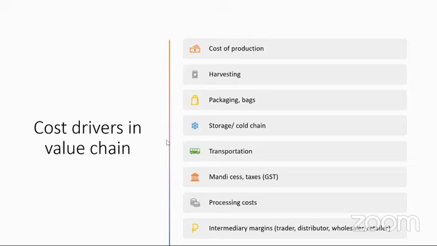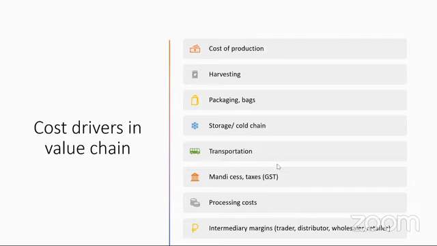If you look at this, there are multiple costs involved. For example, for oil seed, there is 5% GST involved. If you look at mandis, there is a mandi cess ranging from 1 to 2.5%. Then you also need to pay commission to the aggregators if you are purchasing in mandis. Then processing cost, cost of production, outturn ratios, all these factors play an important role. Why?